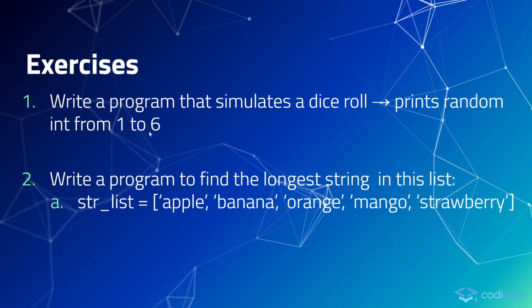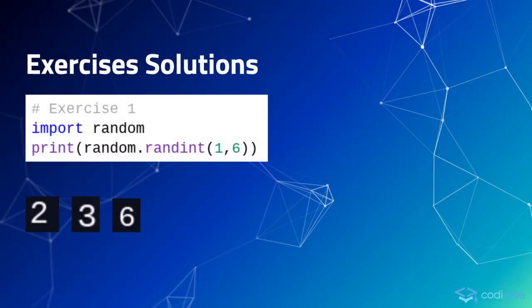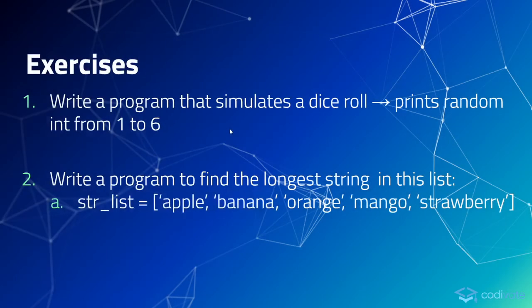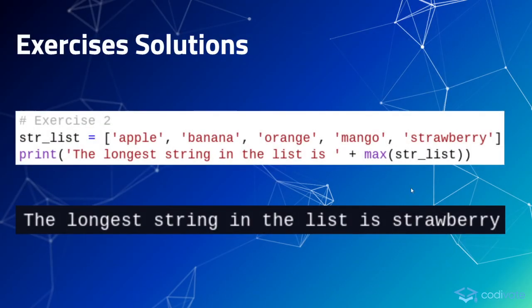Alright, exercise 2. Write a program to find the longest string in this list. This one is pretty simple. We just have to make our list here, string list, and assign it all the values that were given. We basically just copy this into our code. What we are coding here is just printing the maximum item in the list in a nicely formatted way.